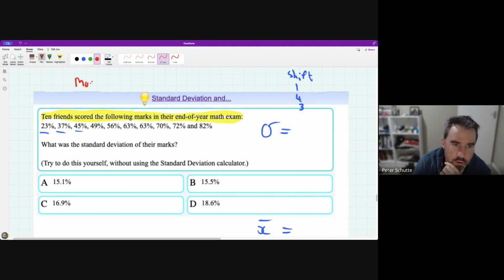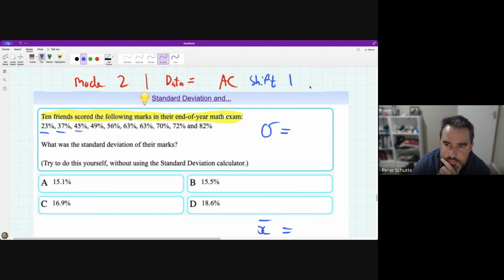We go mode 2 for stat, and then it's going to be 1, and then it's going to be whatever data you have, and equals, then AC, then it's shift, and then 1, and then 3, and then equals.